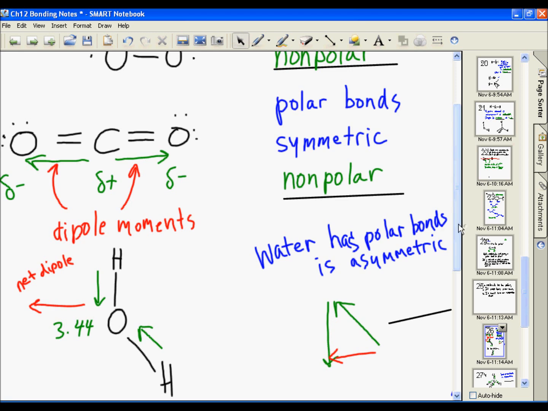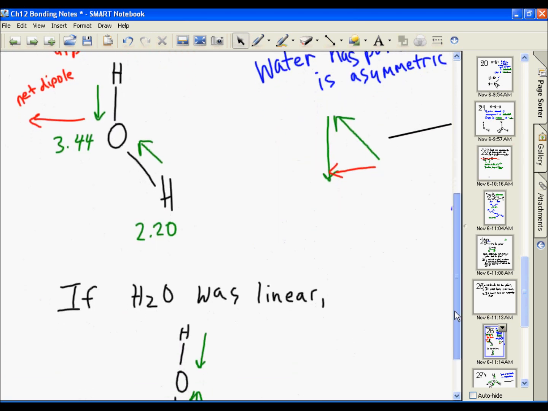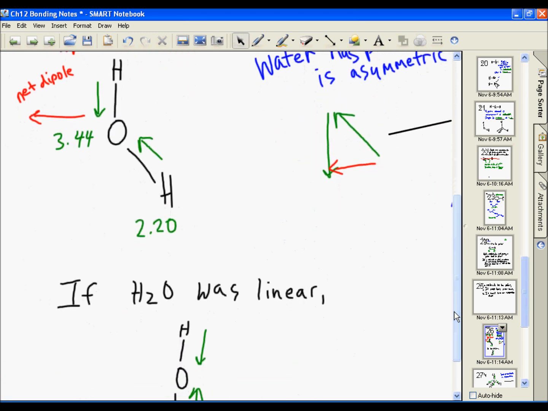If we look at the water molecule down below, you have oxygen with an electronegativity of 3.44 and hydrogen with an electronegativity of 2.20. So you have the electrons attracted from the hydrogens toward the oxygen. You have two dipole moments, but in this case the molecule is not symmetric.